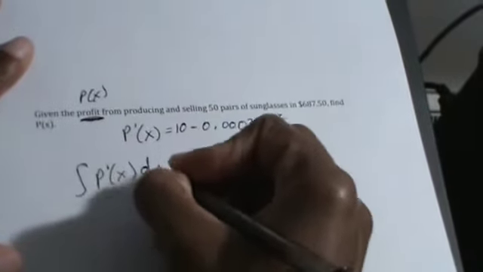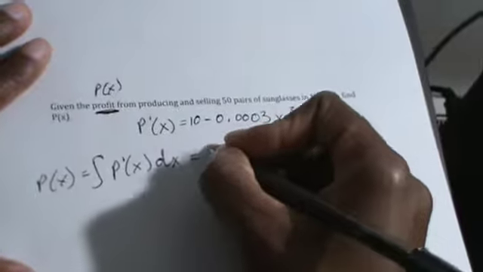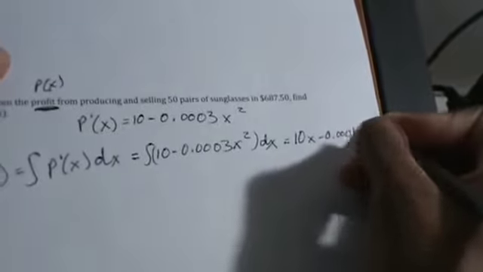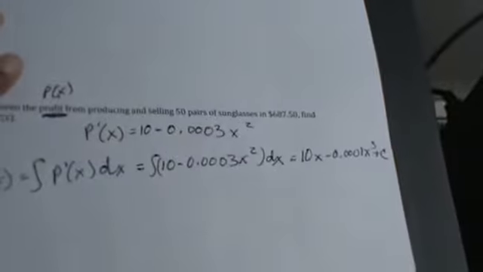So if we want to get to our profit, which is P of x, then we're going to have to find the antiderivative again. So the antiderivative of p prime of x dx should equal our profit equation. All right, so we've already done this. When you take the antiderivative of 10 minus 0.0003x squared, the whole thing dx, please see my work from earlier. This is 10x minus 0.0001x cubed plus c.